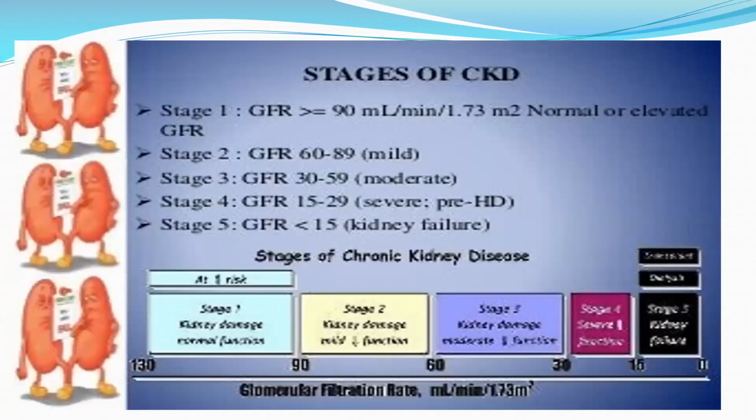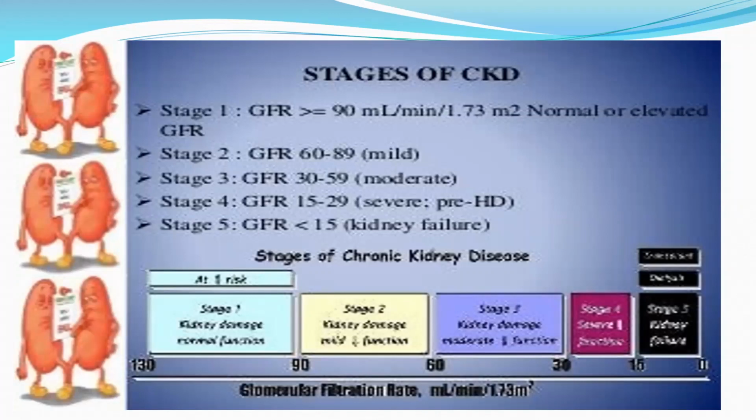Move on to the next slide, that is stages of CKD. In stage 1, the GFR is more than 90. When the GFR is 60 to 89, then the CKD is stage 2.